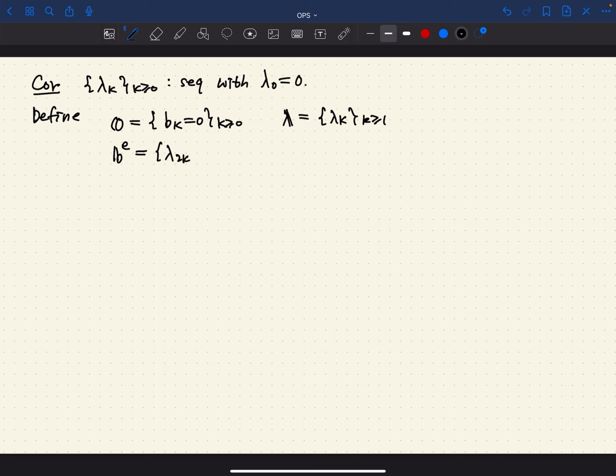Lambda 2k plus lambda 2k plus 1, indexed from 0, and lambda^E, lambda 2k minus 1, lambda 2k for k from 1, and then B^O, lambda 2k, 0, all shifted by 1, the above thing except they're all shifted by 1.